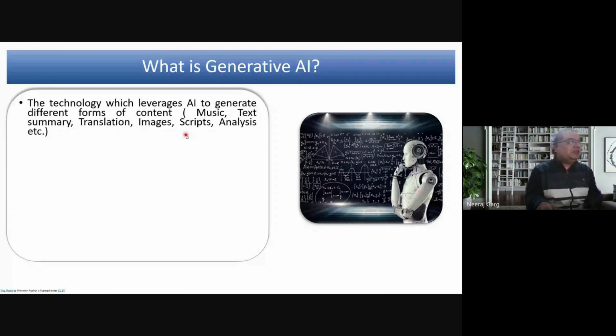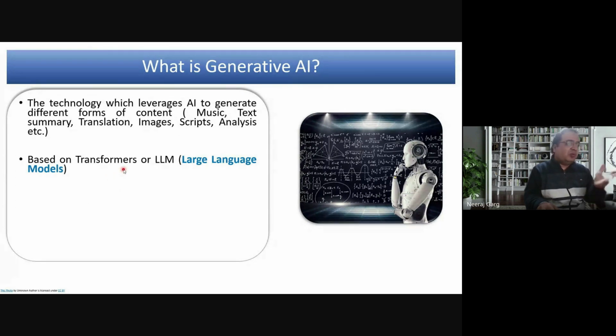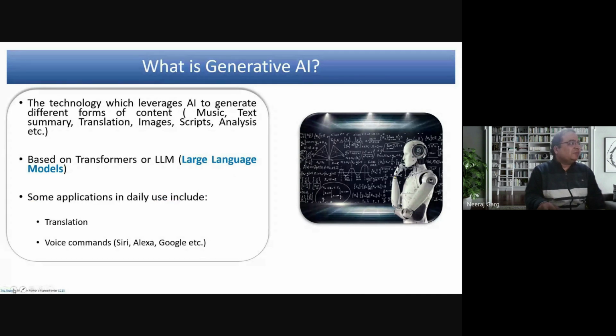It can generate most of the things, right? That is why its name is generative AI. It is based upon Transformers architecture, which got popular in 2017 or in that time frame. It is based on large language models. So we'll see what a large language model is in the coming slides.